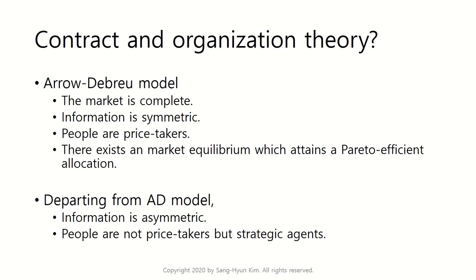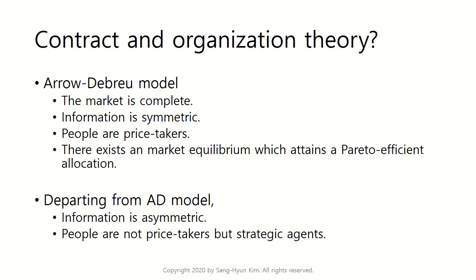And information is symmetric. What do I mean by that? So information may not be perfect, right? So maybe we don't know the weather of tomorrow, or we don't know the stock price of tomorrow, right? So we do not know many things.